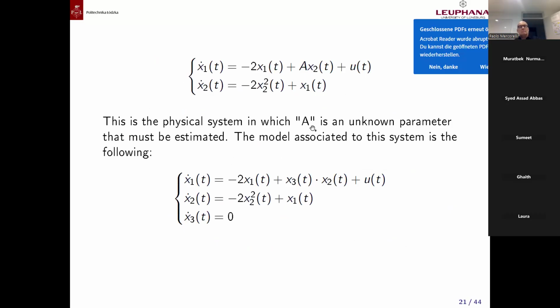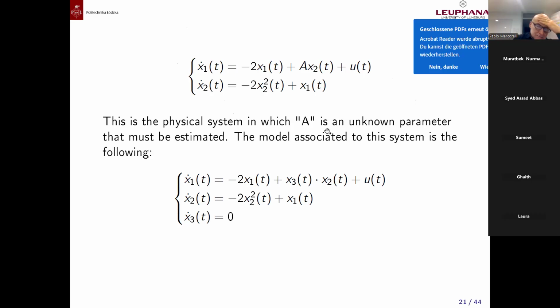Look, let's consider these two equations here, or these two dynamics. We have a nonlinear system because we have x2 squared. Now we have two states, x1 and x2. The dynamics is clearly here represented. x2 squared says to us that the system consisting of two dynamics is nonlinear.